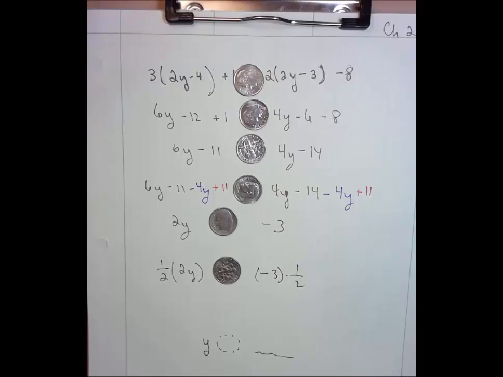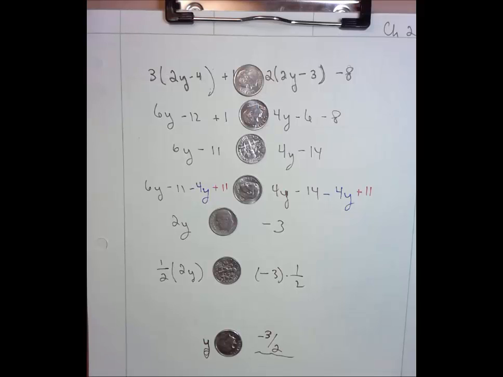When it's all said and done, the 1/2 times the 2 is just y. So I have my y, then whatever mystery symbol is there, and this term shakes out to be minus 3/2.